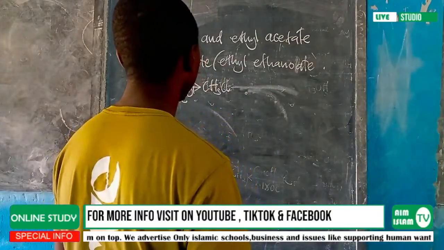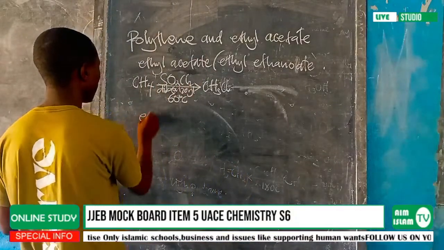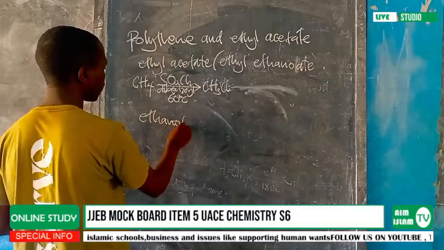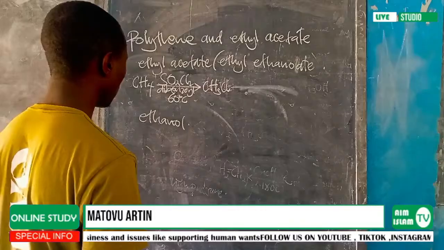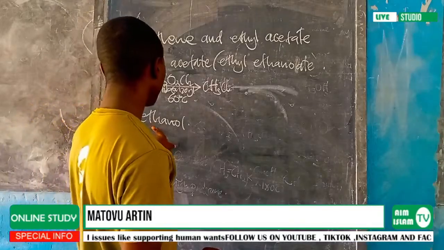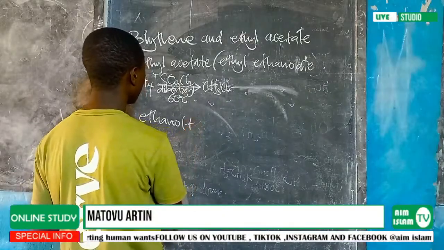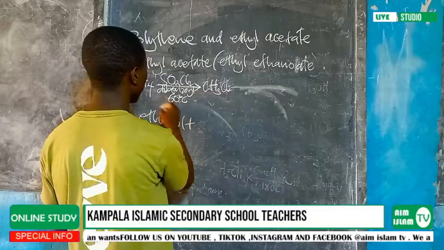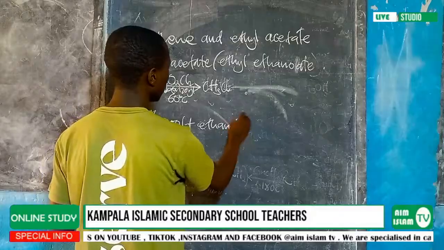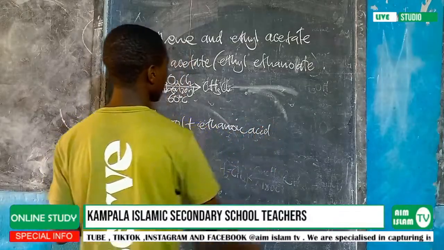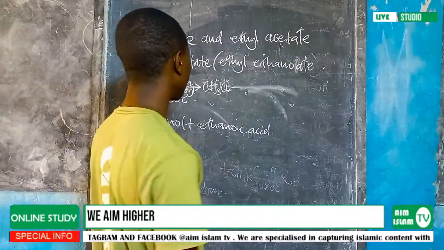That is a chloromethane. Chloromethane now to yield ethanol. So I have to yield ethanol. Then from ethanol we shall add a methanoic acid in acidified medium, then we obtain the ethyl acetate.